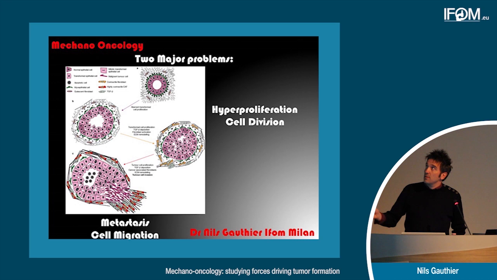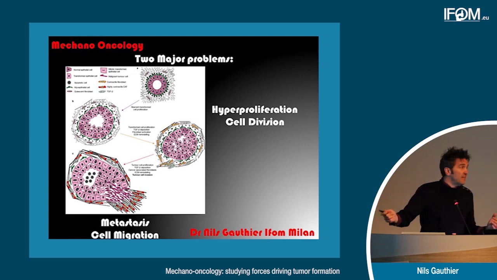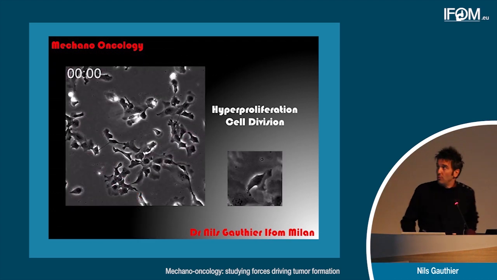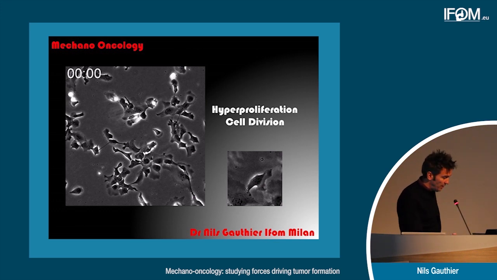Hyperproliferation is due to multiplication of cells, called cell division. Metastasis is due essentially to cell migration, meaning cells that are moving out. I'll show you a couple of examples. This is a movie that I made here in IFOM for Vincenzo Costanzo with these cells. This is a video microscopy movie.